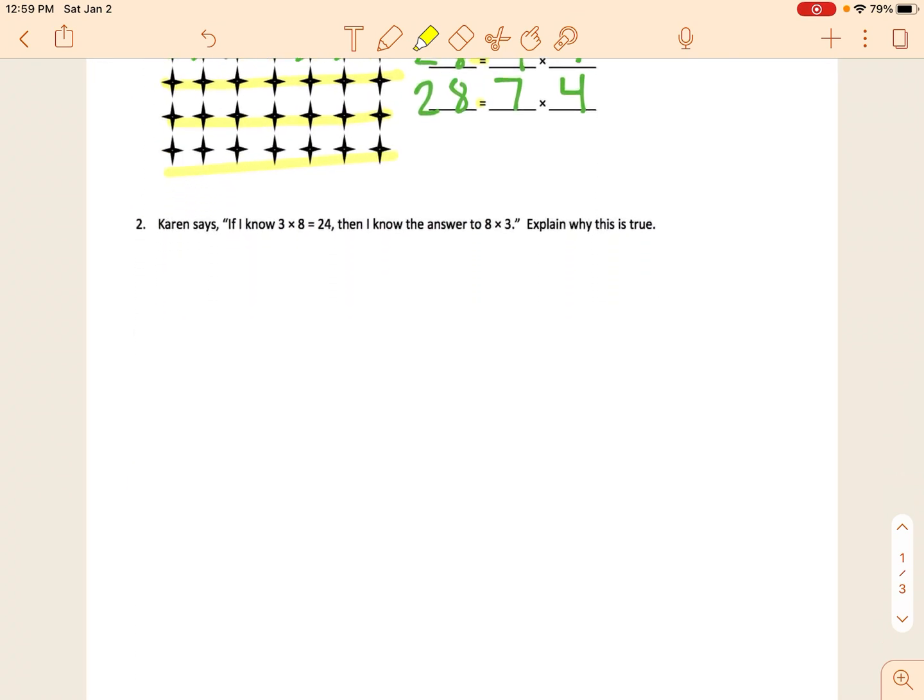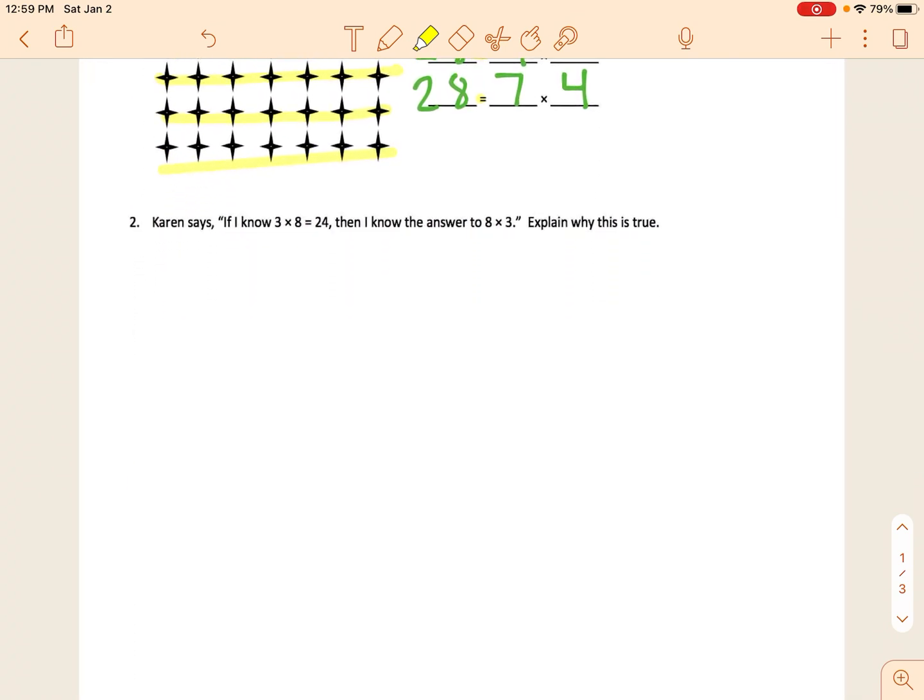Number 2, Karen says, if I know 3 times 8 equals 24, then I know the answer to 8 times 3. Explain why this is true. When I see explain, you should have words, numbers, and a drawing.